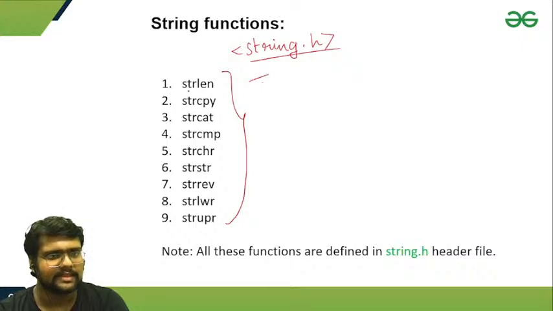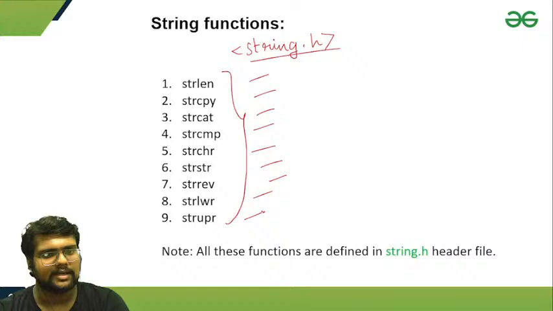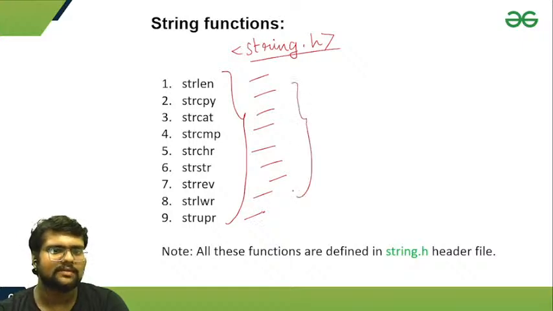For length it is strlen, for copy strcpy, for concatenation strcat, for comparison strcmp, to find the first occurrence of a character in a string we have strchr, strstr to find the occurrence of a string in a string, strrev to reverse the string, strlwr which lowercases the string, and strupr which uppercases the string. Let's see all these functions one by one.